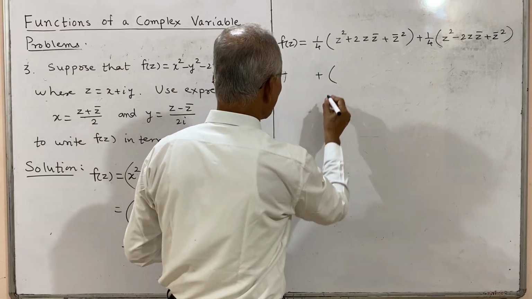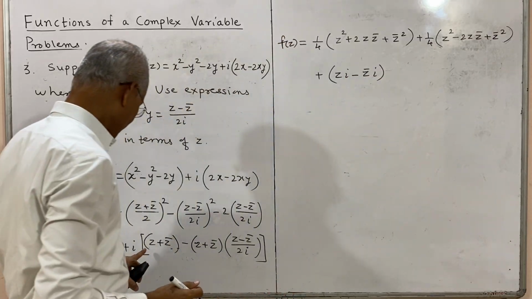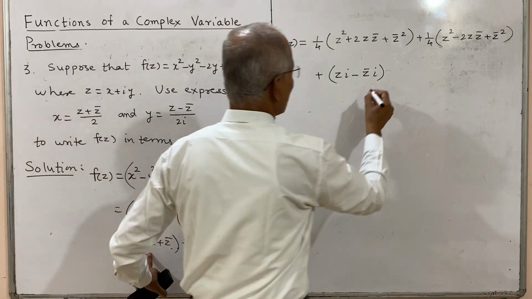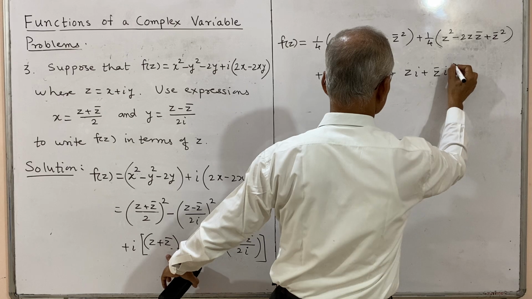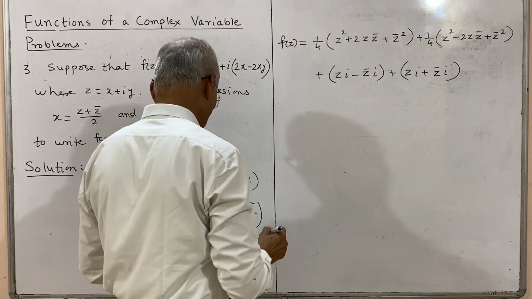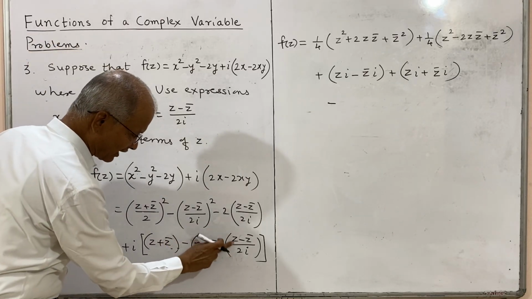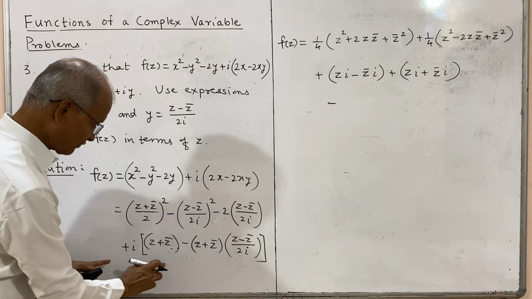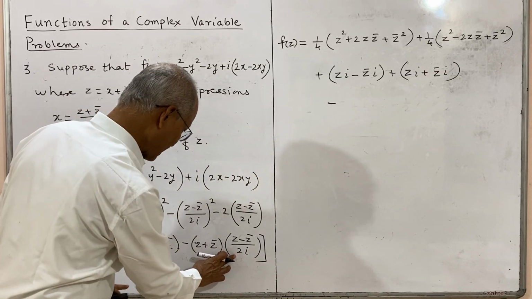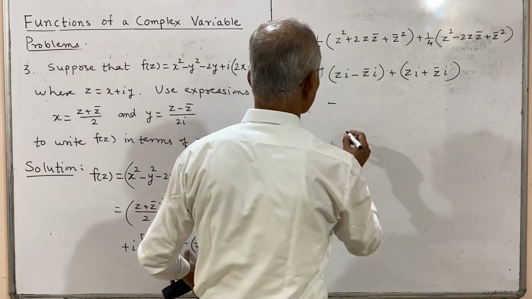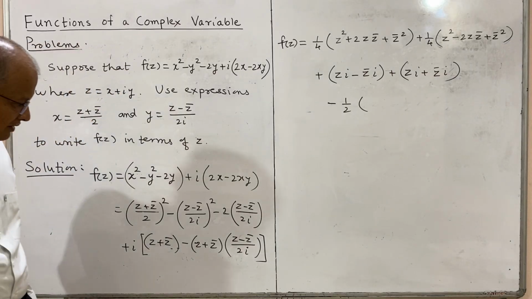So this is zi minus z bar i, and now this is plus zi plus z bar i, and now you see the last is minus, here we need not multiply the numerator and denominator, because i cancels with this i, and what remains is half, so minus half, and z plus z bar, z minus z bar, and that is z square minus z bar square.